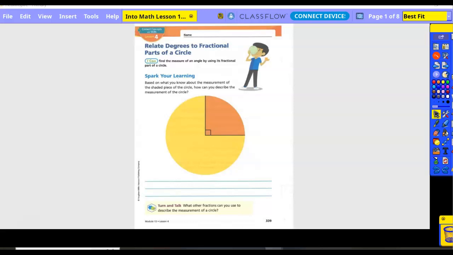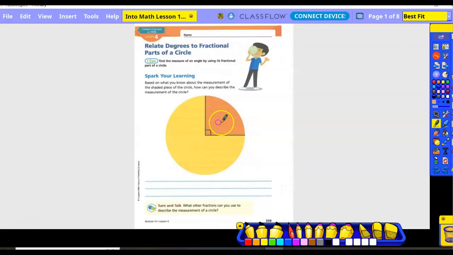Am I at half of that straight line? Yes. So I would have what? A 90-degree angle. Okay, so we have 90 degrees right here, and that little box also indicates that, right?